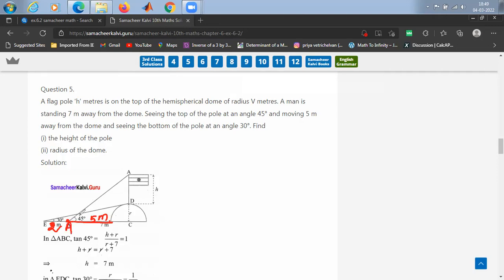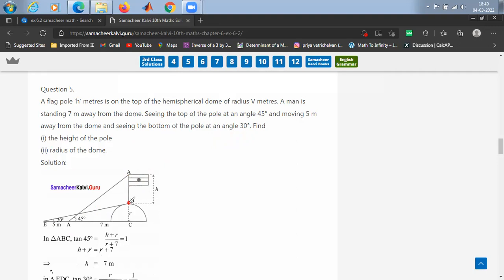He is at the point A now and he is looking at the top of the pole with the angle of elevation 45 degree. And seeing the bottom of the pole at an angle of 30 degree.